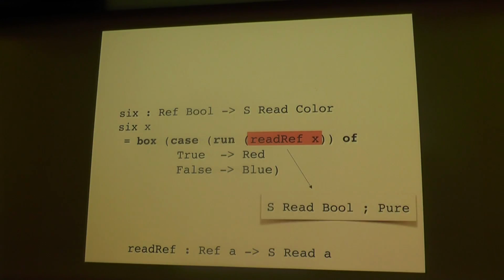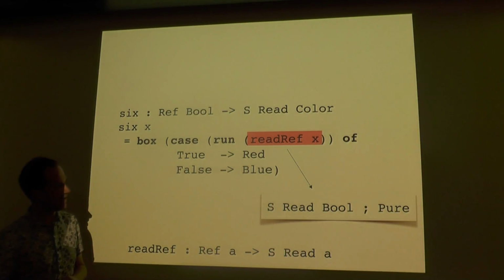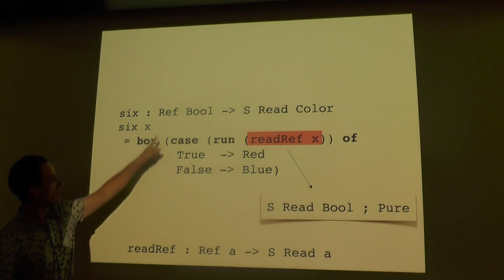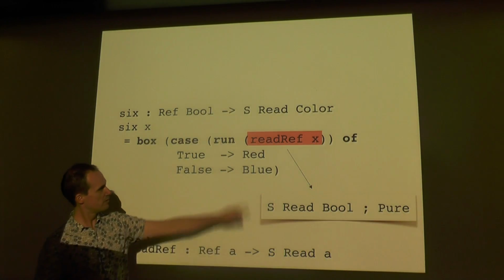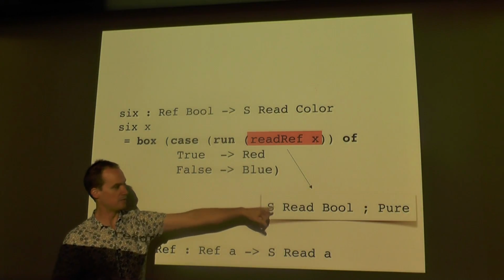So what's going on with this run and box thing? I'm going to start looking at what the types of these sub-expressions are. So in this red marked expression, I have readRef x. x has type Ref Bool, so a here is Bool. So the type of this expression is S read Bool.